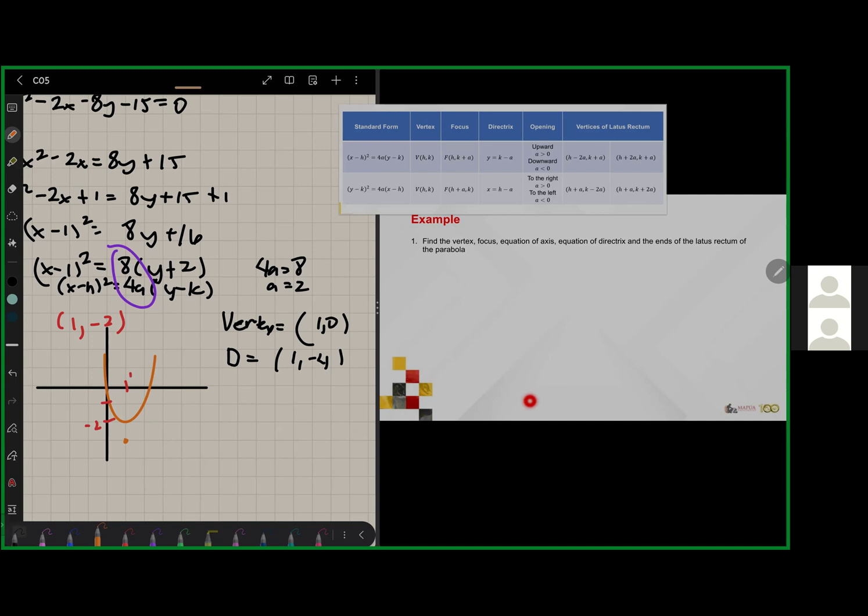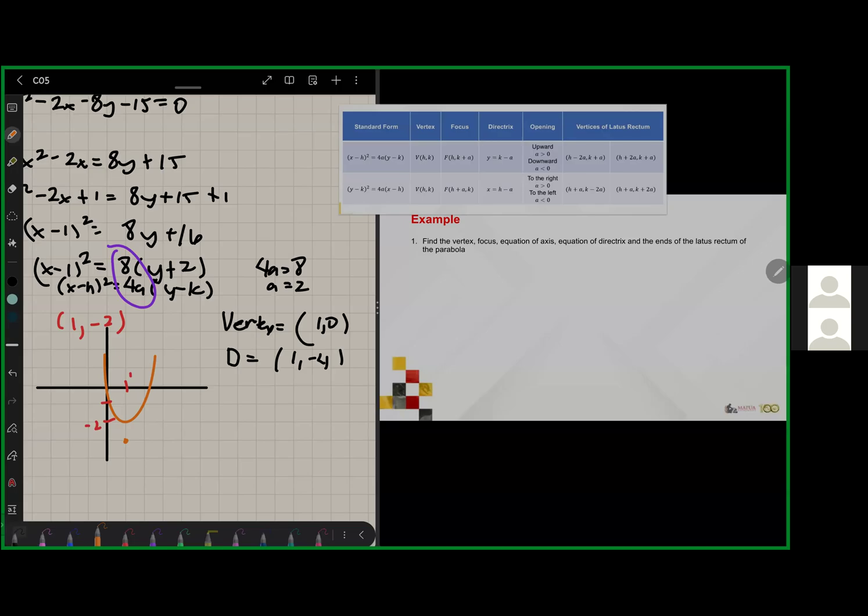The next that we need to find is the equation of our axis. The equation of our axis is the axis that cuts the parabola into half.